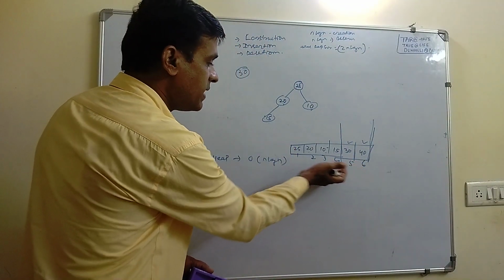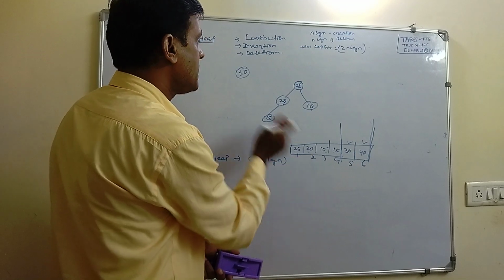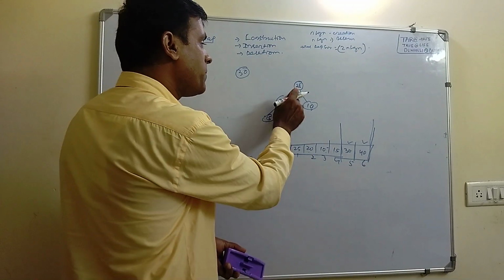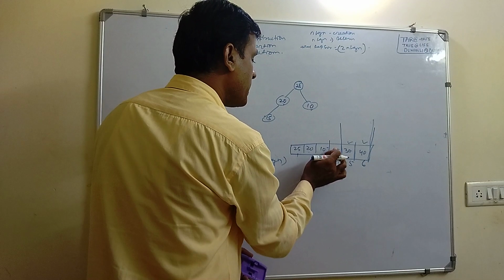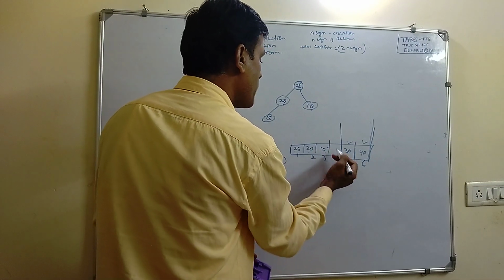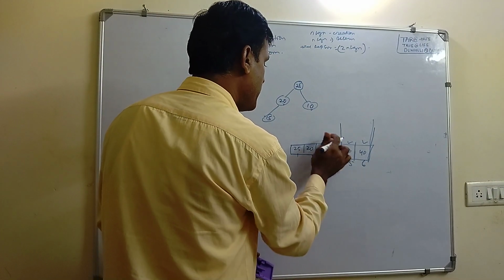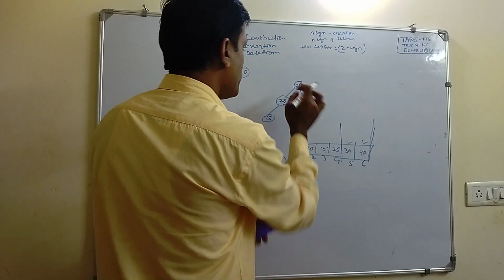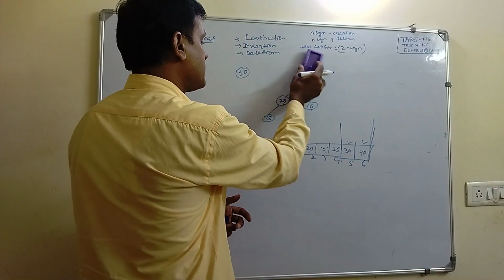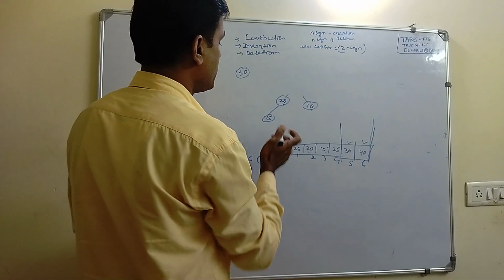Likewise if I delete the next element, what will I delete? 25. So 25 will come to this place, in the free part of the heap. If I delete 25, then the last element in the heap is 15.